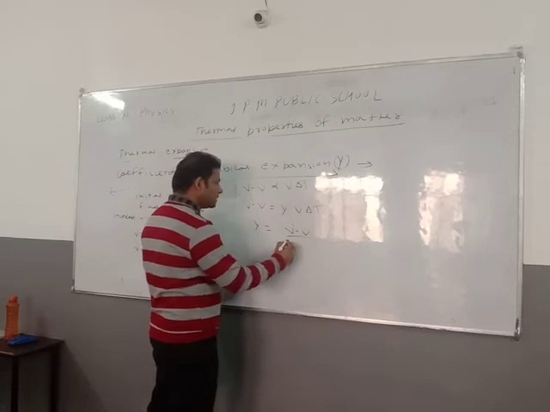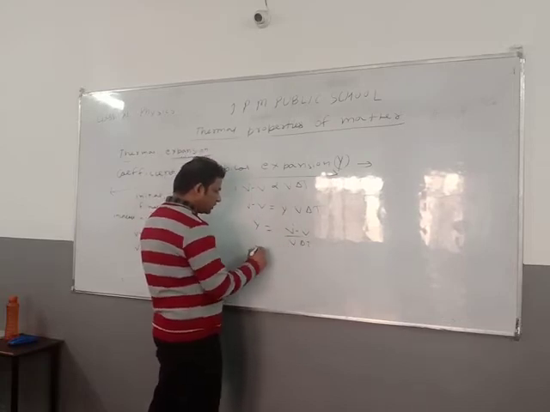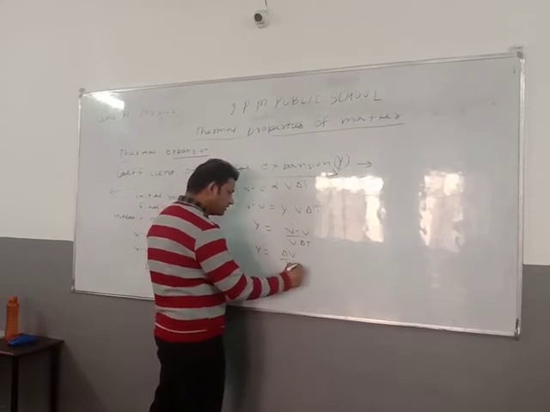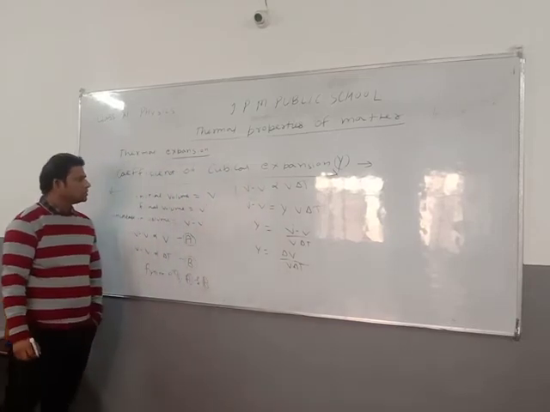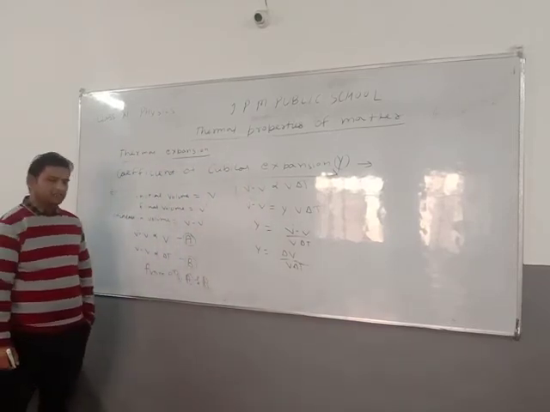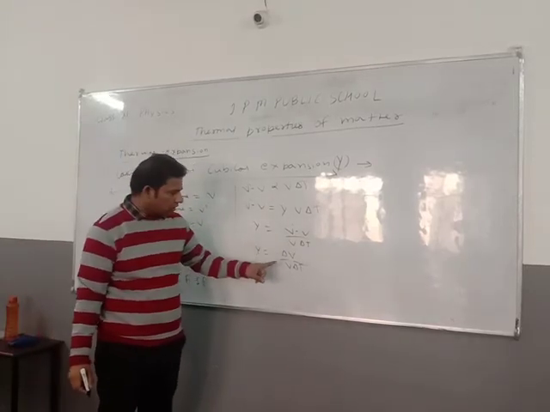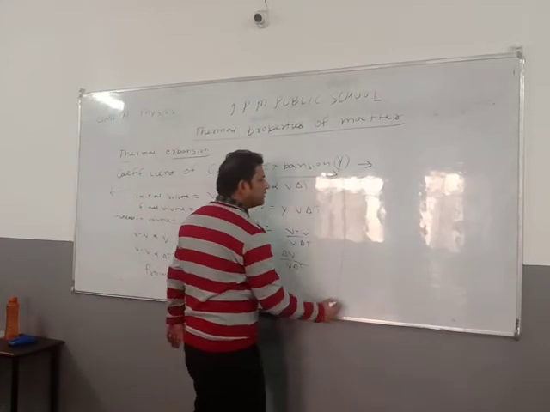Gamma equals B dash minus B upon B del T, so gamma equals del B upon B del T. Gamma, the coefficient of cubical expansion, is the ratio of change in volume to original volume if the temperature change is 1.